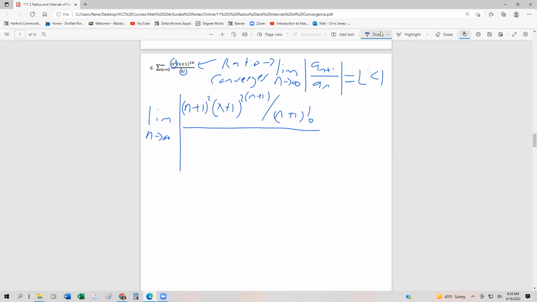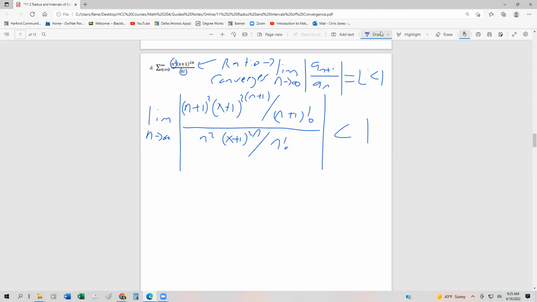And then we're going to divide all of that by the original sequence, n squared times (x plus 1) to the 2n, divided by n factorial. And that has to be less than 1 for it to be convergent.